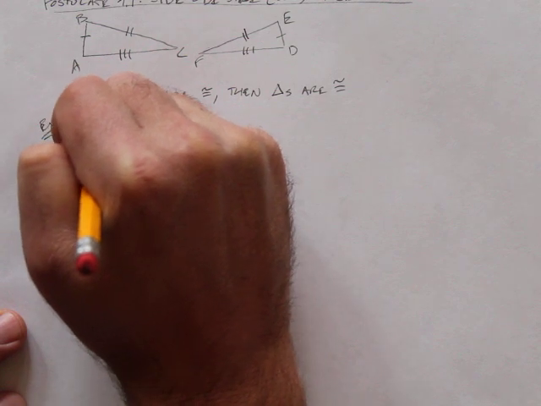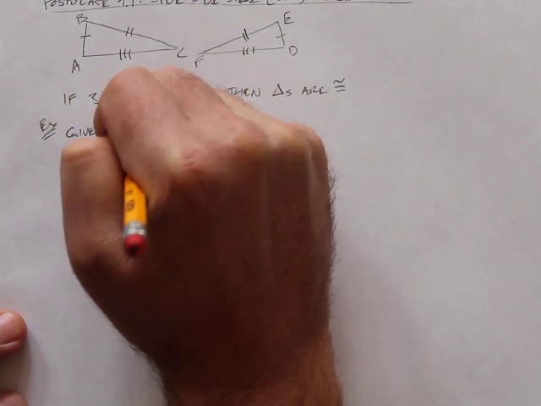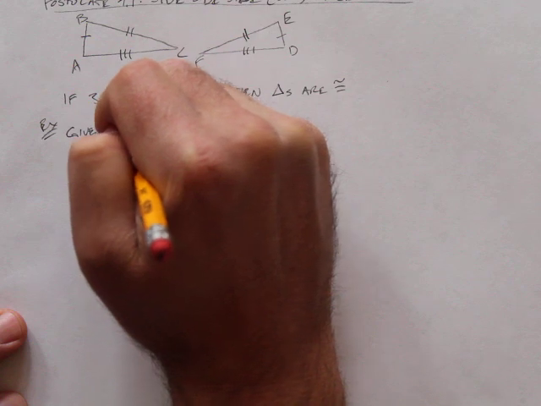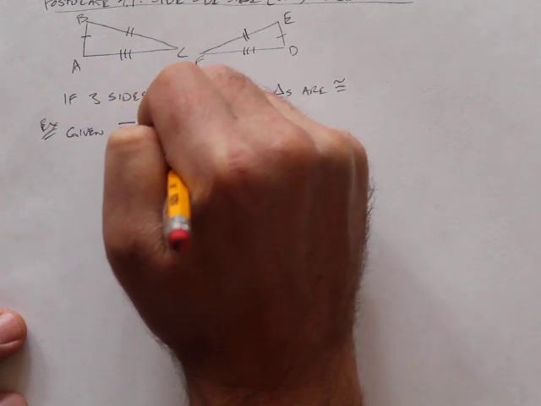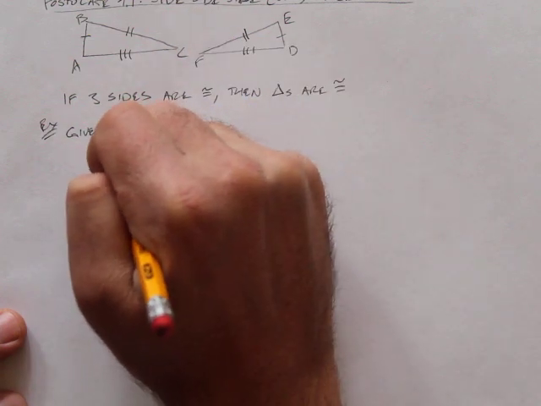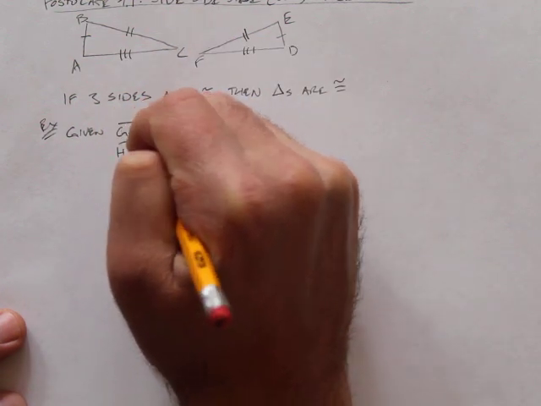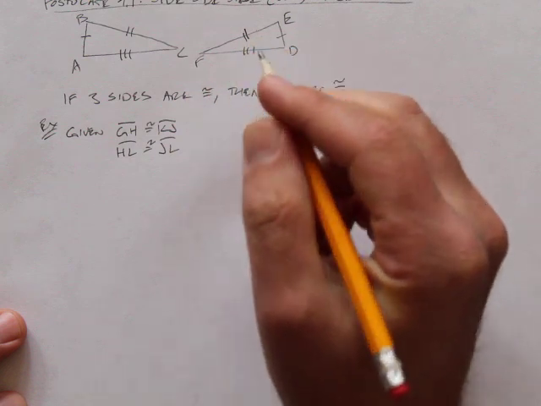Given, oh, not a proof, Mr. V. Segment GH is congruent to segment KJ. Segment HL is congruent to segment JL.